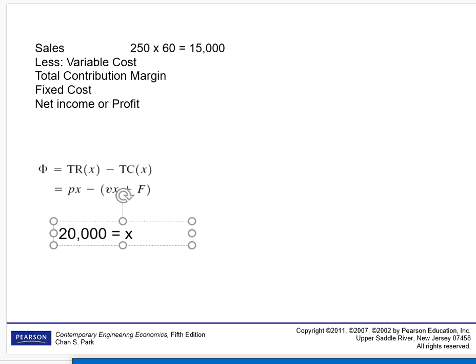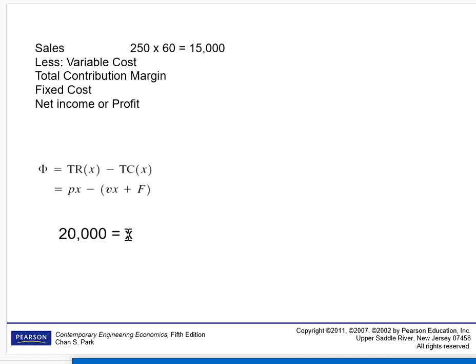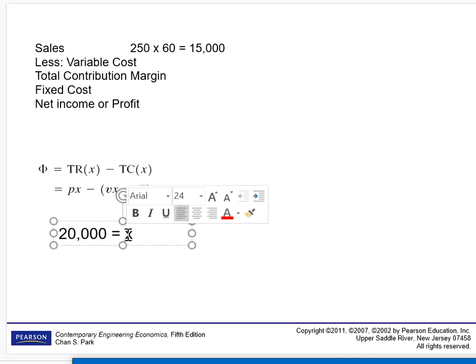The unit selling price. P times X. From here we can find it, 5 per unit, so it is 5x, minus Vx.